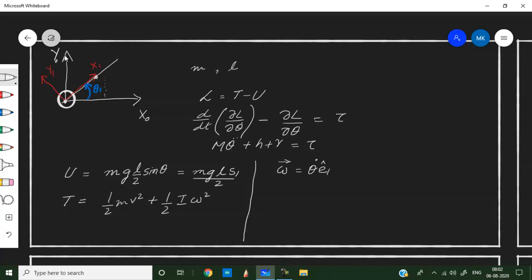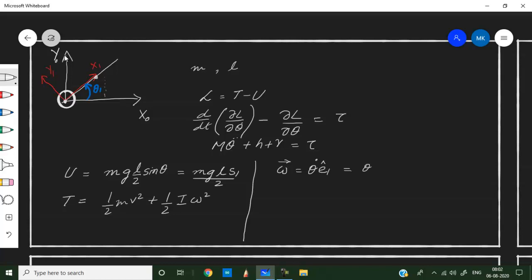We can maybe put it in this form also, arrow form, or sometimes we put it in bold form, which represents the vector, that omega is a vector. Even if we transform this to base frame x0, because E1 and E0, that is z1 and z0, are the same, there will be no change.